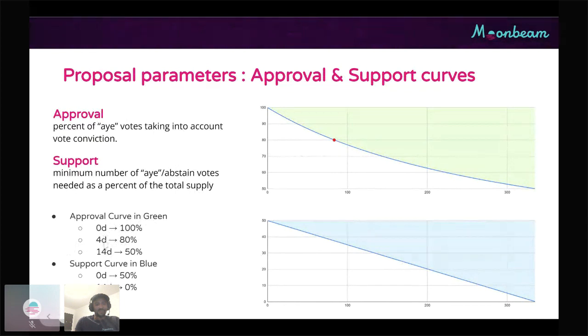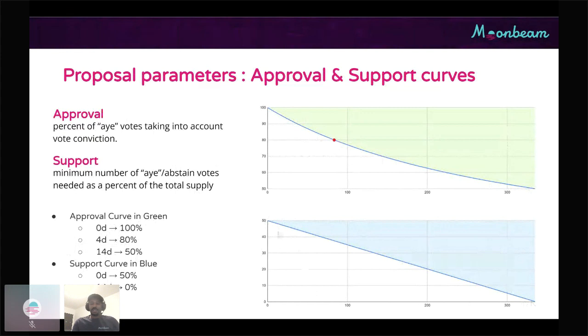And after 14 days, only 50% is required. This is what you can see on this curve, where it's slowly decreasing over time. And the support curve here in blue is linear, a straight line going from 50% at the beginning to 0% after 2 weeks.